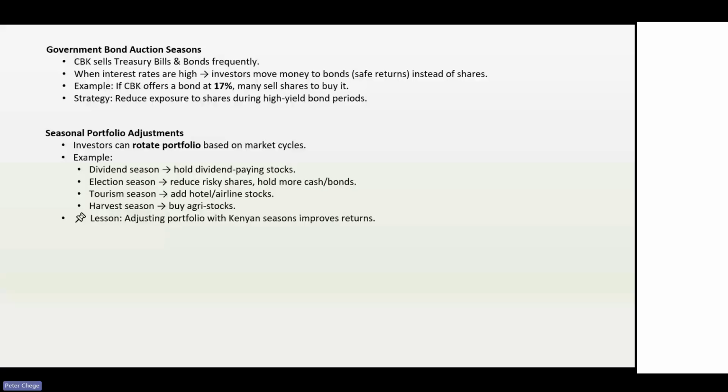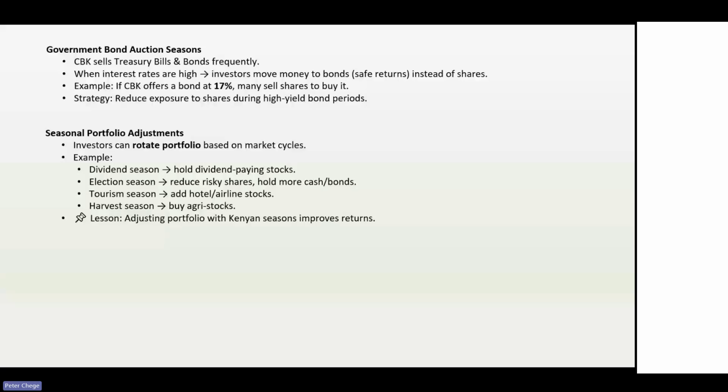But again, if you have enough funds, always reduce the exposure to one investment, not just shares. Always have several investments. That way you can play with the seasons to adjust your portfolio. You can rotate based on market cycles.